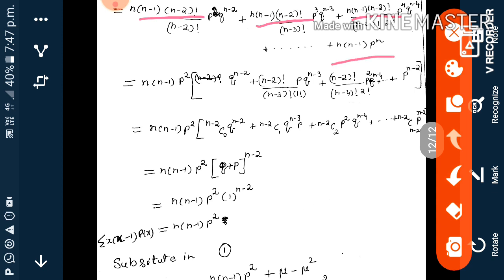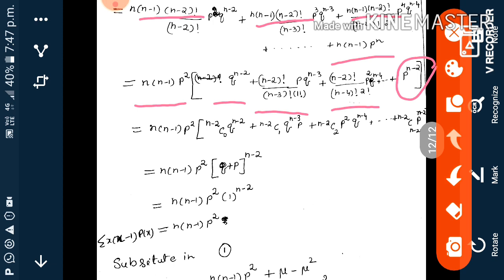Last term is n into (n minus 1) p to the power n. So n into (n minus 1) p square is taken outside, with q to the power n minus 2 remaining as the first term, and the further terms follow. The last term is p to the power n minus 2, since n into (n minus 1) and p square are taken outside.